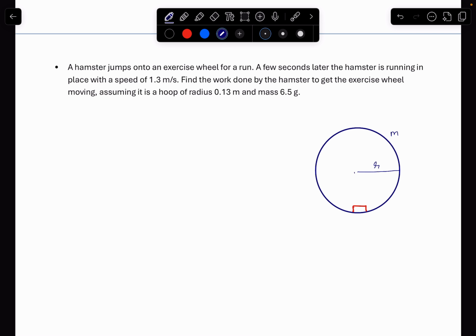And initially, this particular hoop has a kinetic energy half I omega squared. Its initial omega is equal to 0, so the initial kinetic energy is 0. Now, what about the final kinetic energy? In the final situation, we are told that the hamster is running at a speed of 1.3 meters per second.